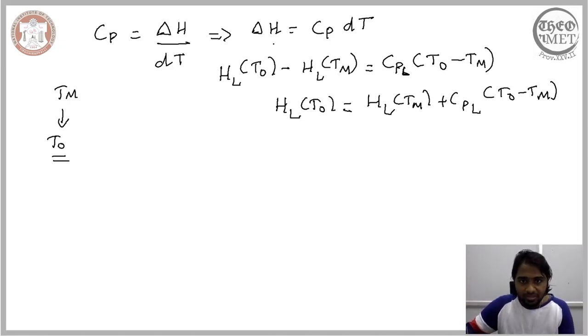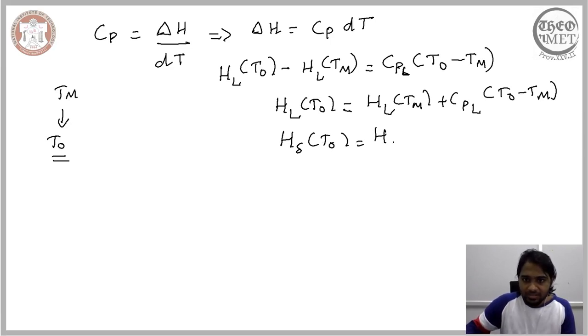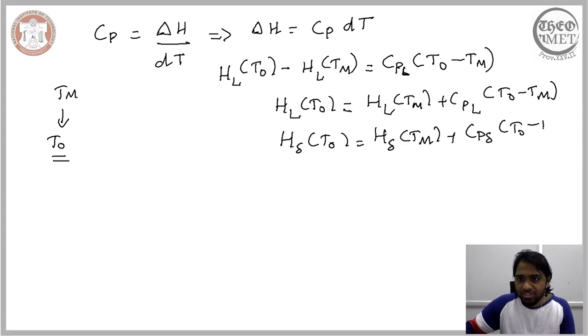So if you consider the same expression for solids, you will end up with a similar relation, that is, enthalpy of solid at T0 is the summation of enthalpy of solid at the initial state plus the respective heat capacity and the corresponding change in the temperature.